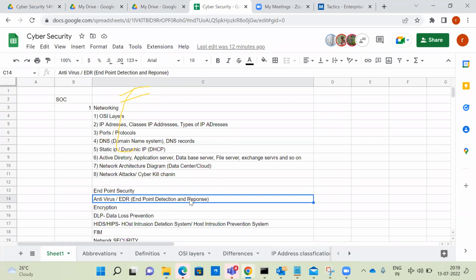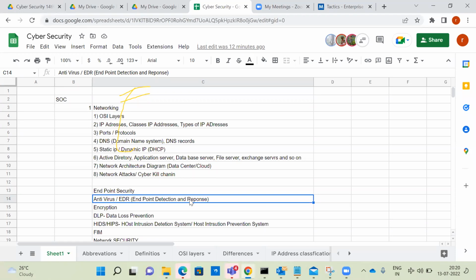Nowadays, from the past 2 to 3 years, we are using machine learning and artificial intelligence. EDR today has the capability of machine learning and artificial intelligence along with data analytics, data science. They integrated machine learning, artificial intelligence and data science capabilities into the EDR tool. Not only this, even the SIEM tool also.